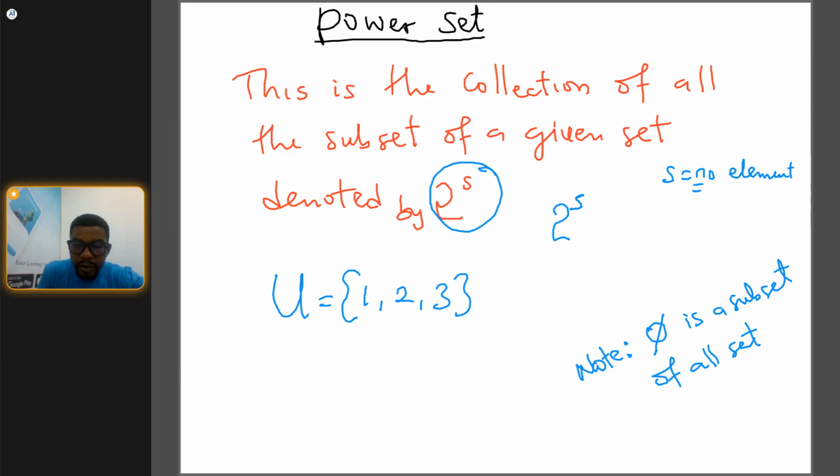In this case I have 1, 2, 3, so s is equal to 3. So 2 raised to the power 3 is 8. That means I'm going to have 8 subsets in this universal set.